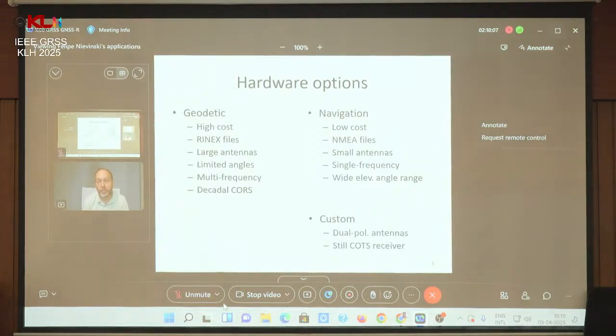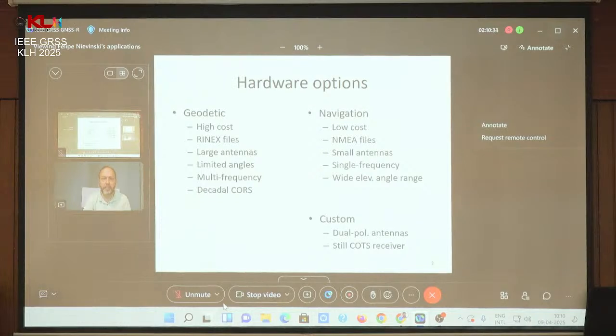Now, with navigation type hardware, the options are much lower cost. You can purchase a navigation antenna for maybe $1. You do not get RINEX files, you do not get carrier phase, you do not even get pseudorange measurements. You get only SNR data.